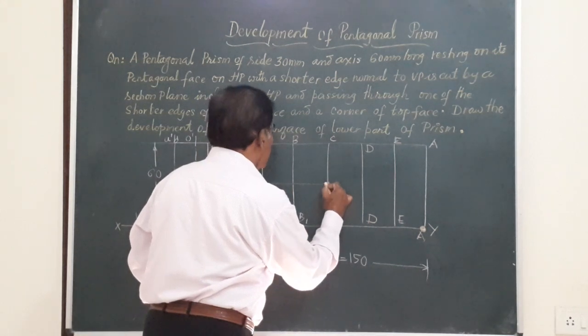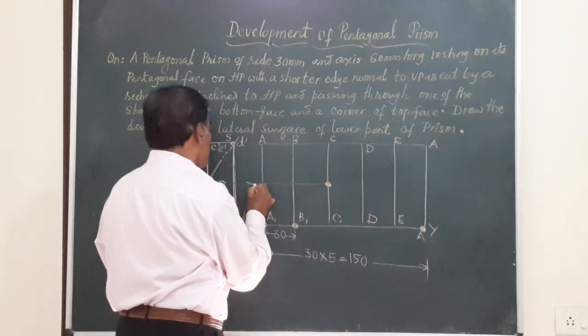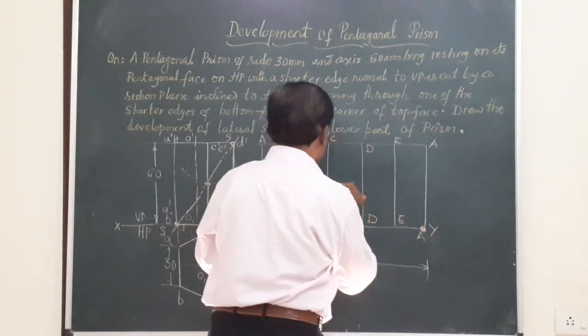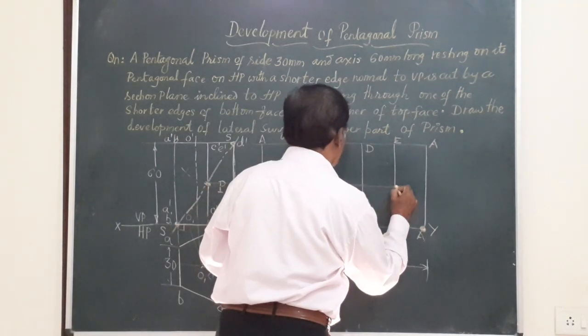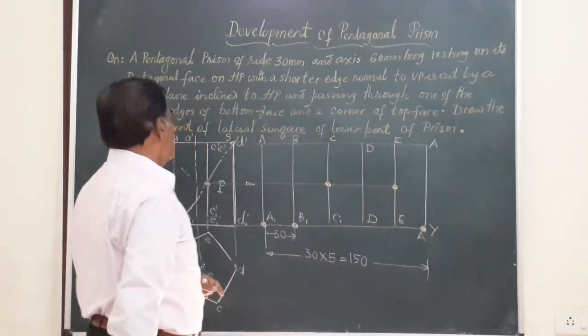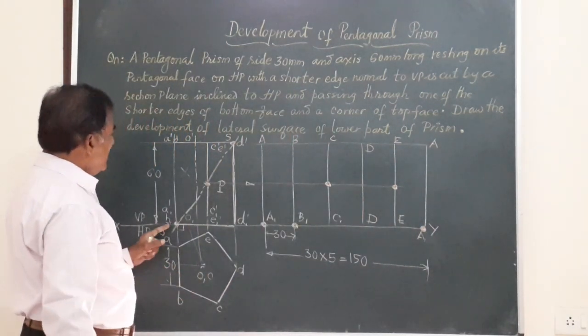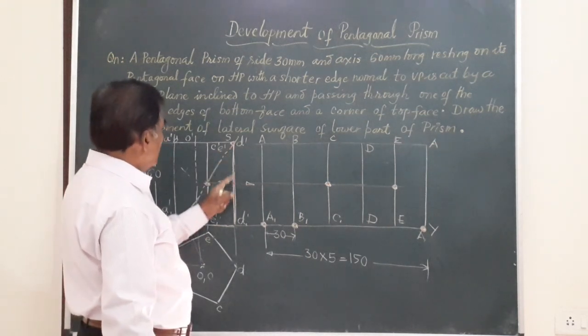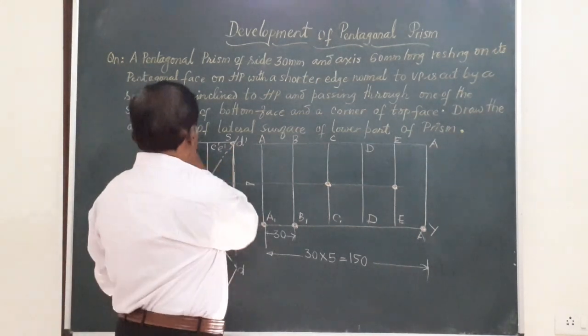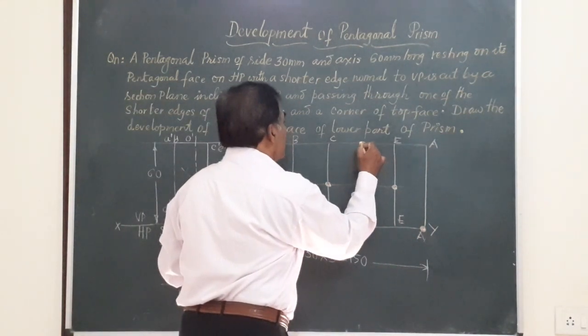It is cutting CC, the vertical edge here, and EE also. So I have got 2 more points here, 2 here, 2, 4. Then finally, friends, it is not cutting the vertical edge D dash D1 dash, but it is passing through D dash, that is D of the top face. So I am going to get a point here.